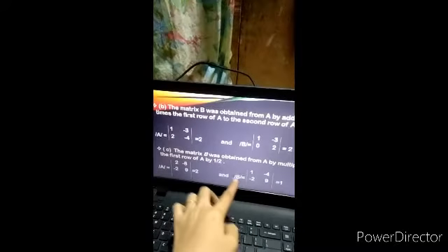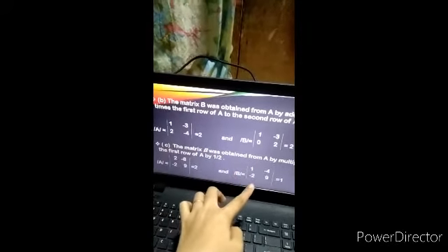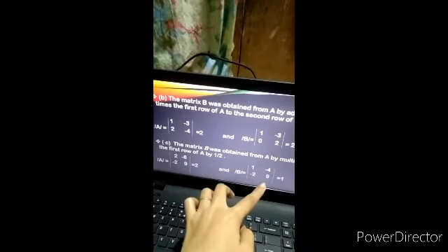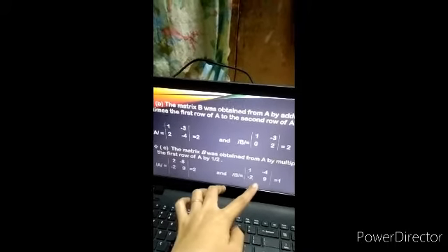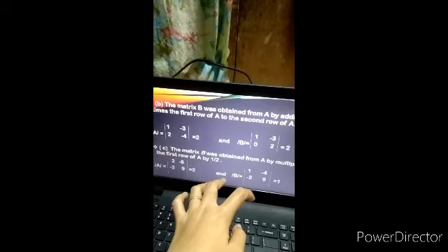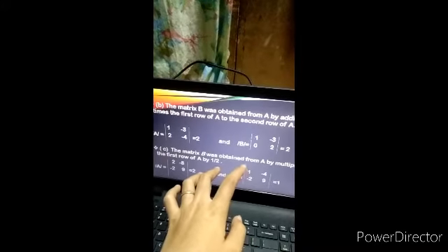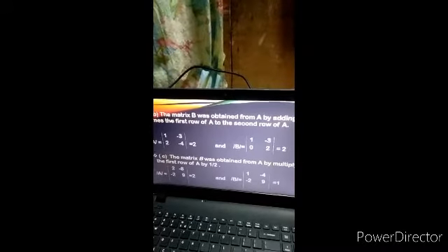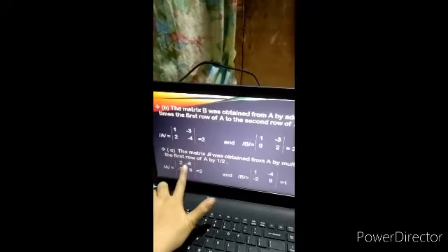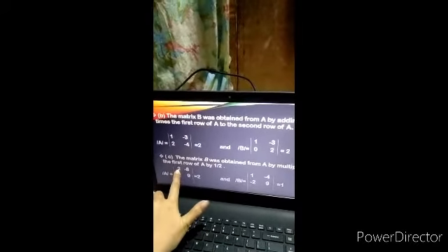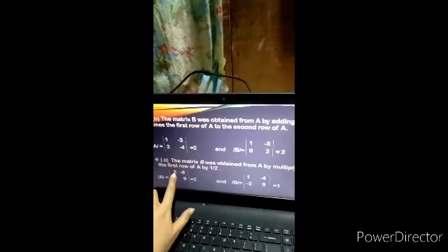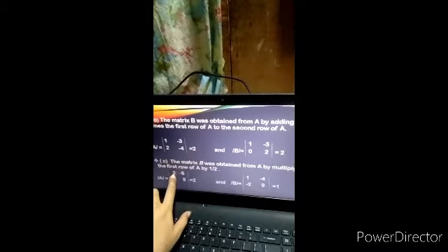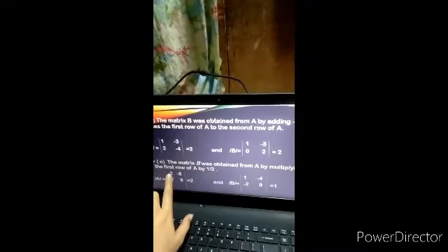Then in B, copy the second row from matrix A. Then we multiply the first row of matrix A by 1/2. 2 times 1/2 equals 1.